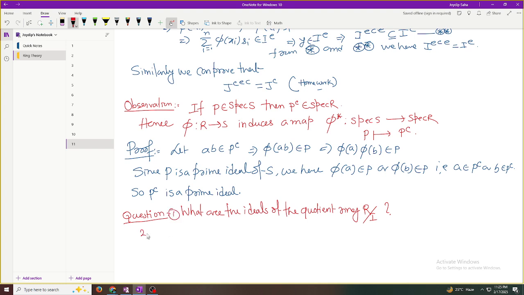Number 2, what is Spec(R mod I)? Spec(R mod I) means what are the prime ideals of R mod I? Number 3, what is Max Spec(R mod I)? Now this is the question.